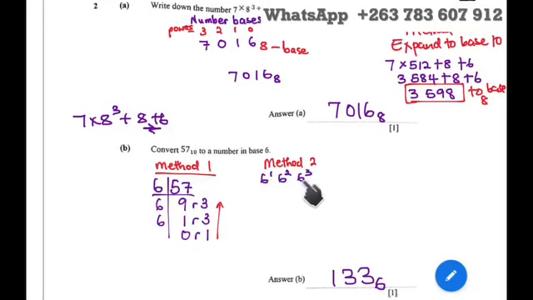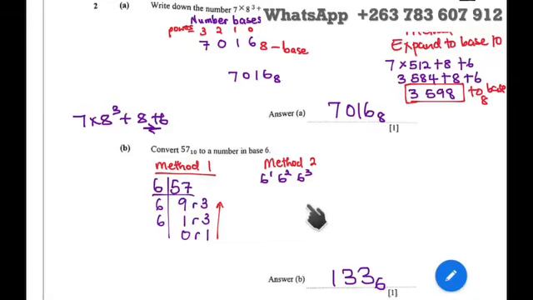The trick of this method is to check for the highest power of 6 that can be divided into 57. 6 to the power 1, yes, it can be divided, but it's the smallest. 6 to the power 2 is 36. Yes, 36 is in 57, so it becomes the highest at this point. 6 to the power 3, which is 216, cannot be divided into 57.